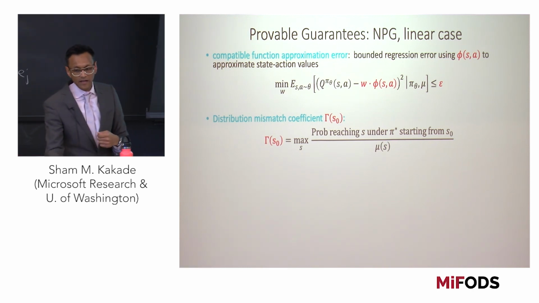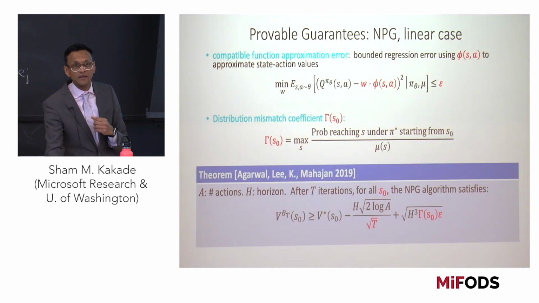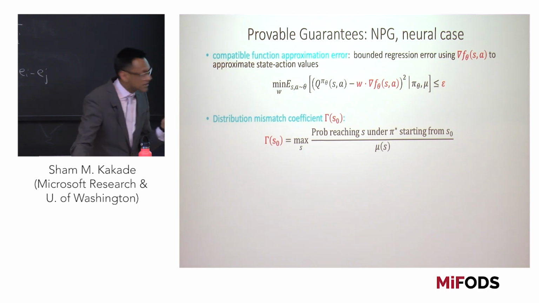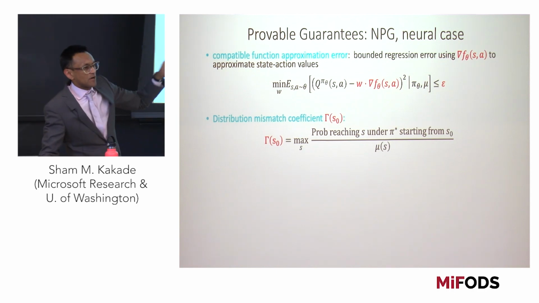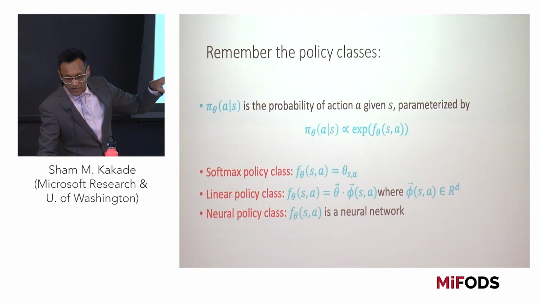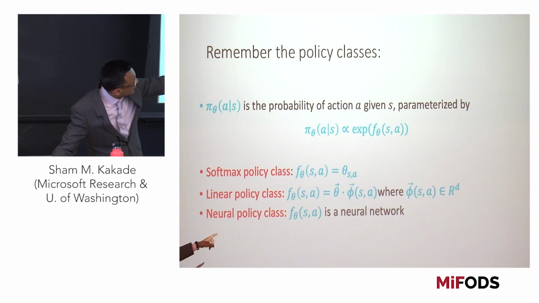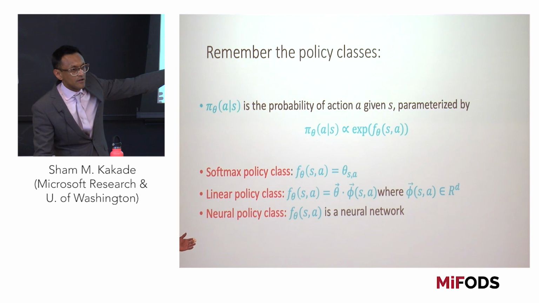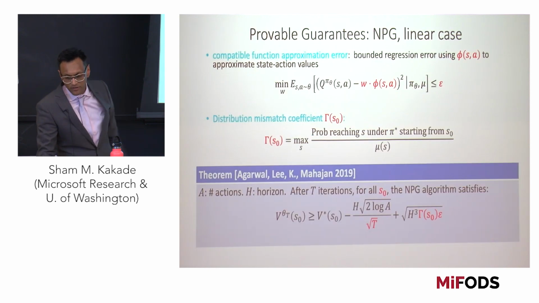That question's a perfect lead-in, as I have to wrap up in a moment, into the neural case. In the neural case, rather than our policy being linear in some features, we just have some crazy neural network, which specifies the function in the exponent.